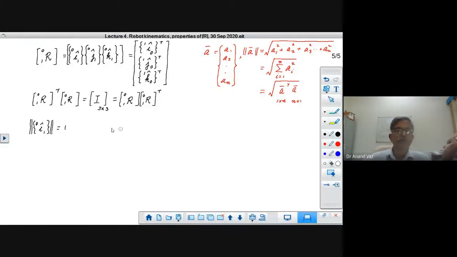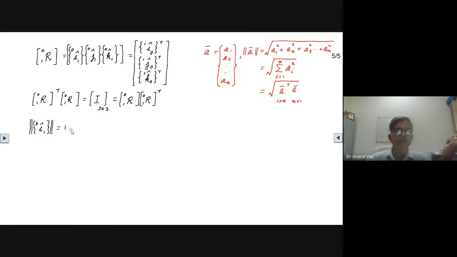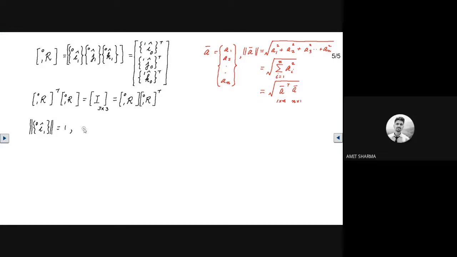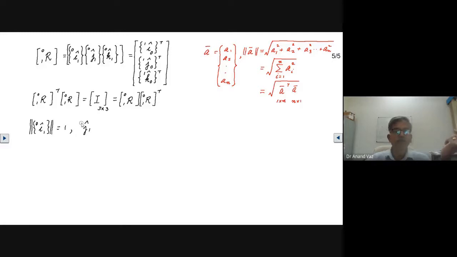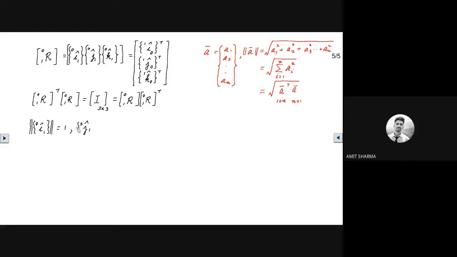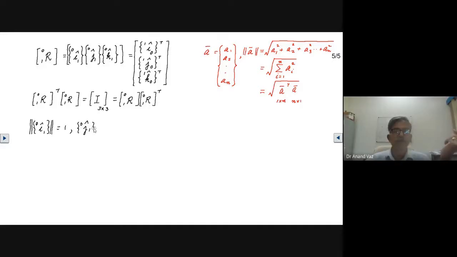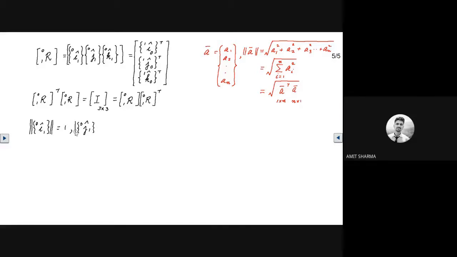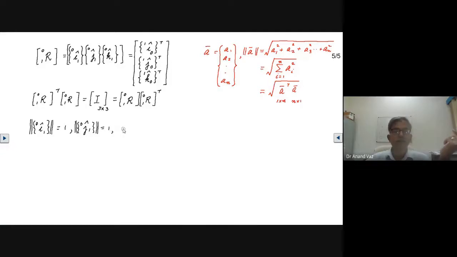So for the columns of the R matrix, this is the second column of the R matrix. The norm of this also is equal to 1, and the same for the third column.